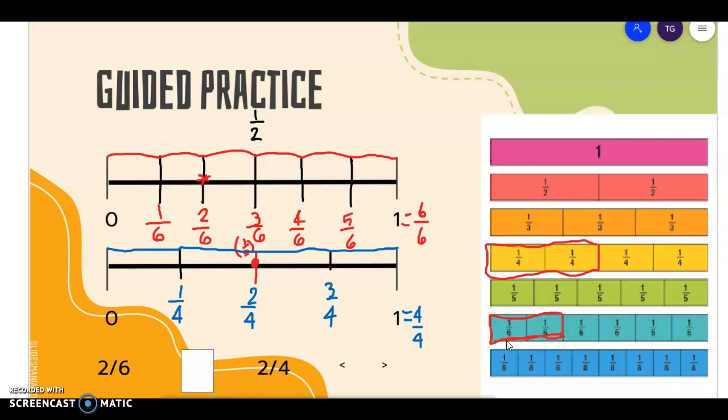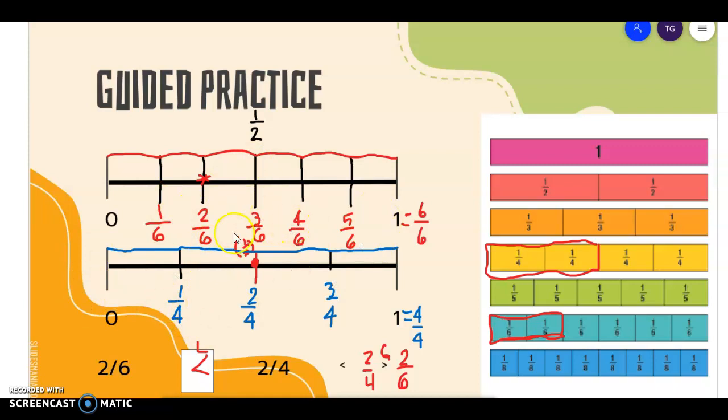So that means that 2/6 is less than 2/4 and that 2/4 is greater than 2/6. And so when you are comparing your fractions, you want to make sure that you are using your strategies.